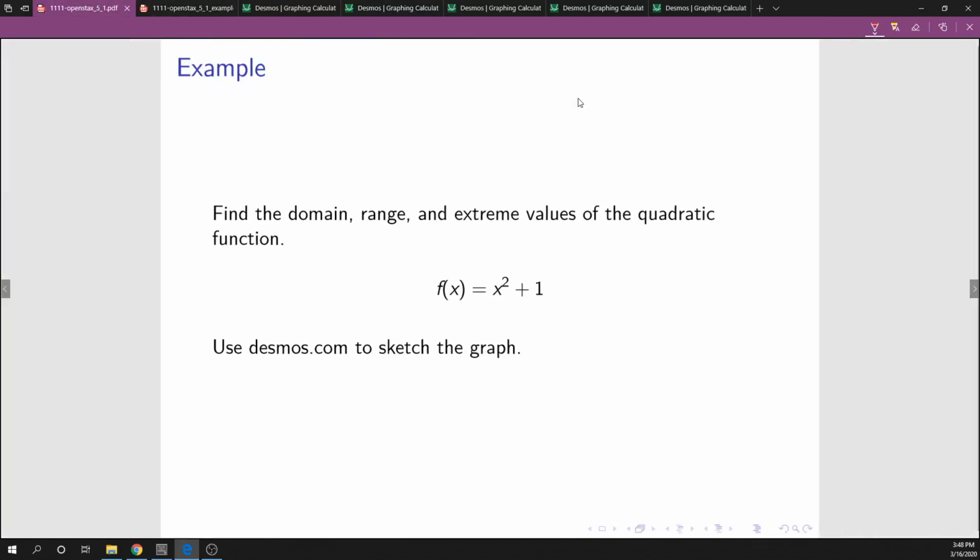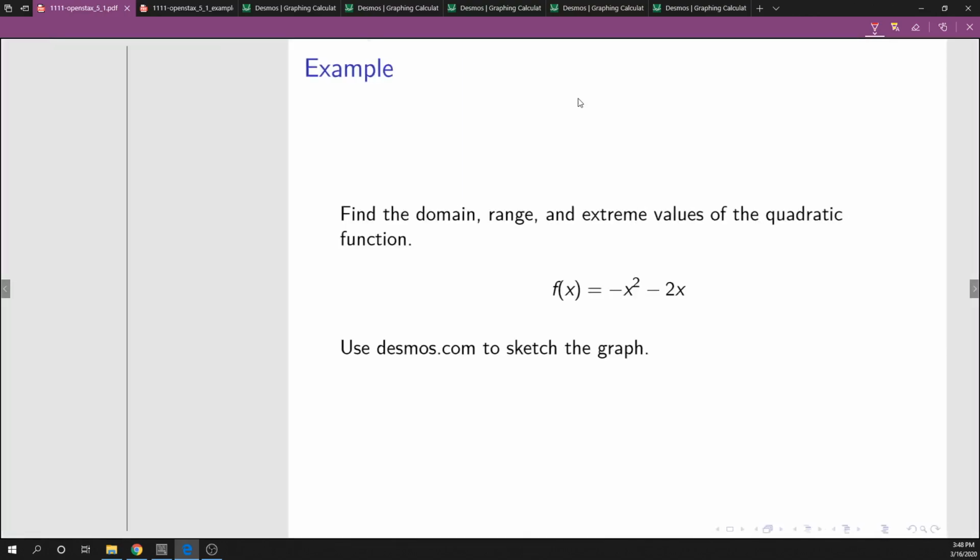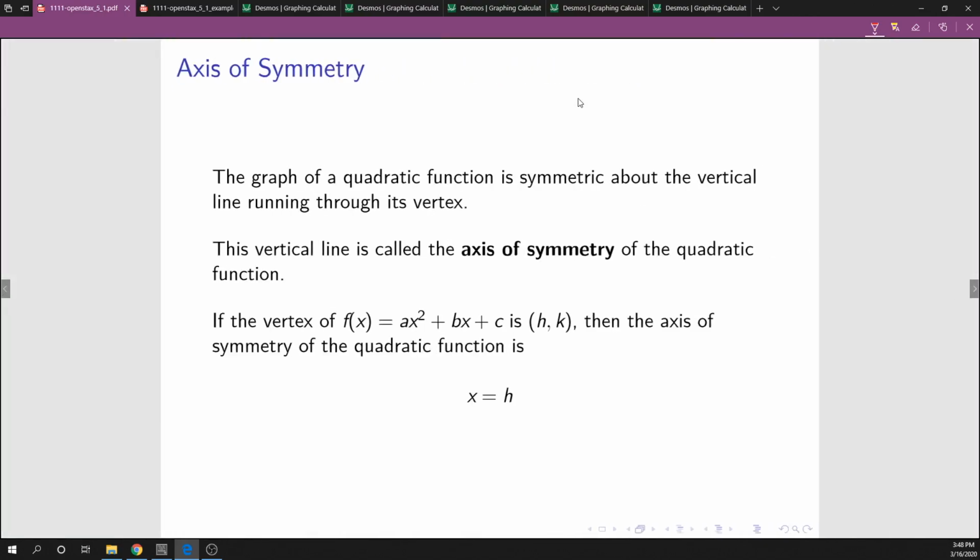Okay. The next topic in this video is the axis of symmetry. The axis of symmetry is the vertical line that runs through the vertex. So if you know what the vertex is, then you know what the axis of symmetry is. It's just x equals whatever the x coordinate of the vertex is, and that's it.